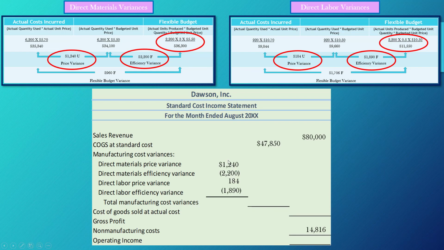And then we can sum up in this case that we have 4 different variances, and we come up with a total of $2,666 favorable. We spent $2,666 less producing goods, which we eventually sold, than we should have had we hit all the standards that we budgeted for in the first place.